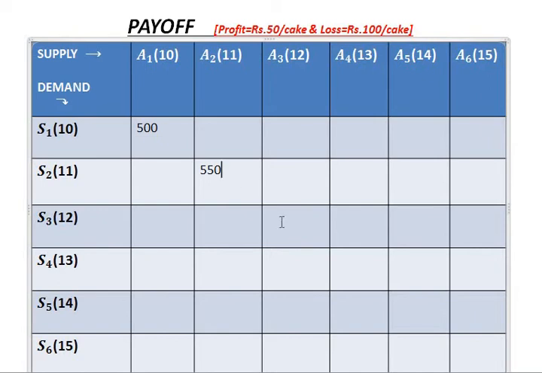Next 50 multiplied by 12, his profit will be 600. What you observe is that you are just adding 50 each time. In this case it is 650, in this case it is 700. And in the last, 15 cakes, 15 multiplied by 50, that is 750.